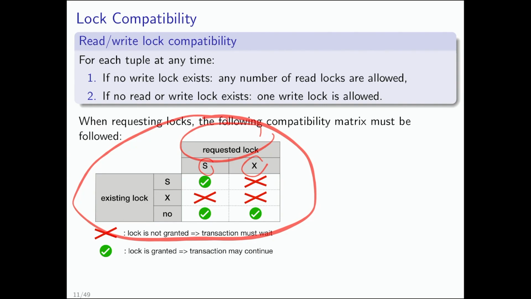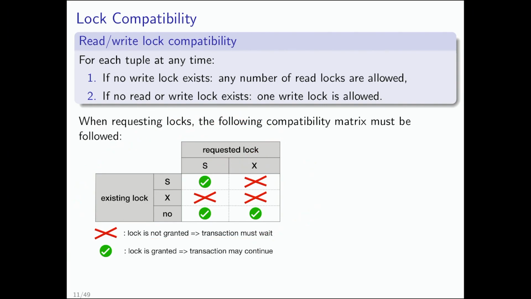If there are no logs existing, whatever log you request here, you will get it. If the existing logs are only read and you're requesting a read log, that's also fine. But if you request a write log and there's either a shared log, a read log, or an exclusive log, then you don't get that log.